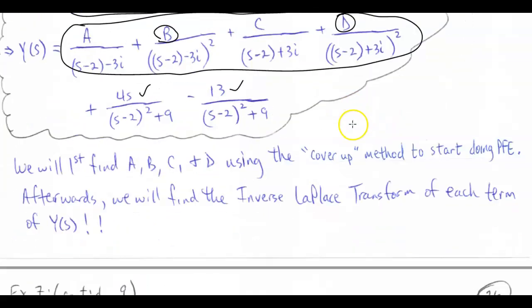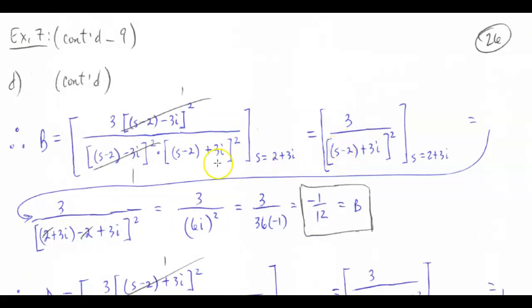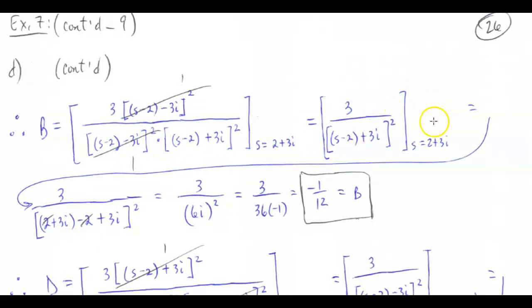And I'm going to do the same thing for D. So notice 3 divided by the denominator that I do not have, evaluated at the complex number, in this case, that will make the denominator that I did have go to 0. And so I go in, plug in all that information here, and I see that I end up with a negative 1/12 once I do that.